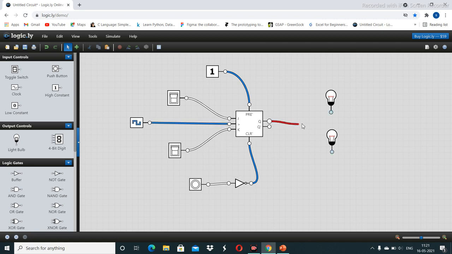Now connect Q with the first output and Q dash with the second output. Now push it. Yes. By applying the values of the truth table, we can get the respective switches what we need.